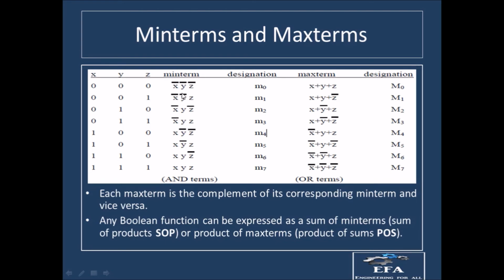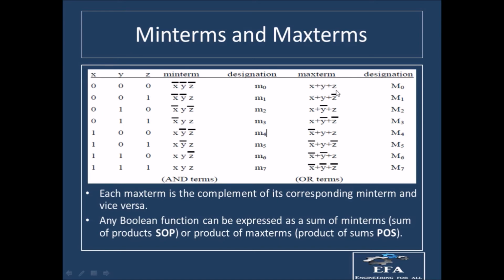And in the max terms, we will have the plus sign between them, that is, the OR gate in between them. So this is exactly the opposite of the min terms. So if you are having x bar, y bar and z bar for x, y and z equal to 0, 0 and 0, for the max term we will be having x plus y plus z.